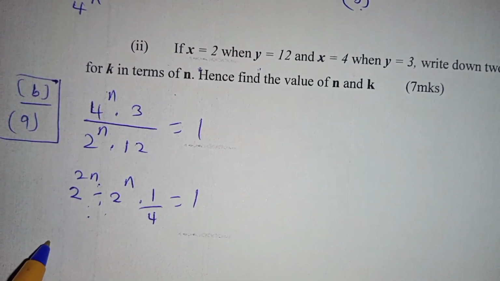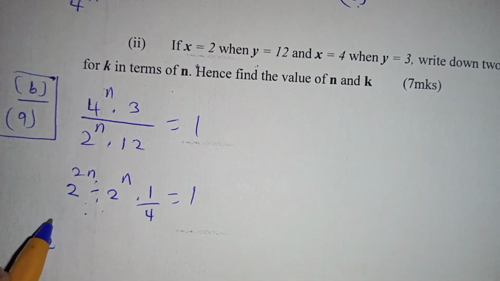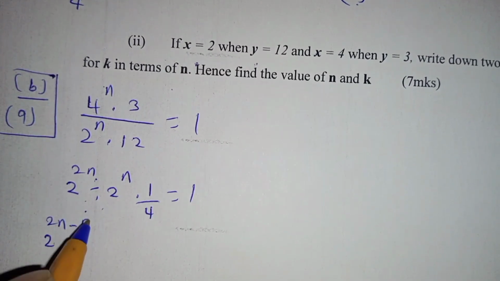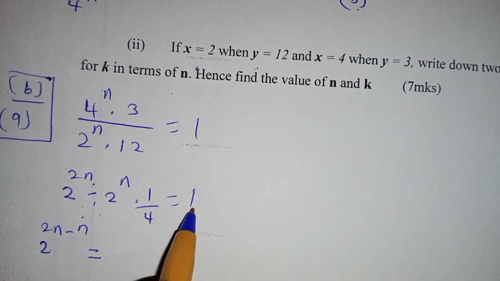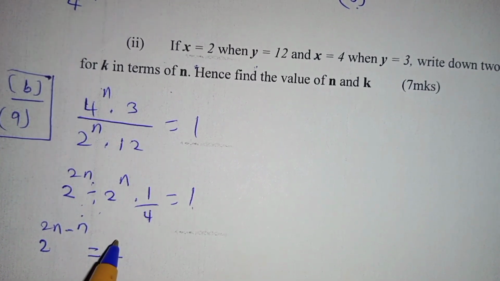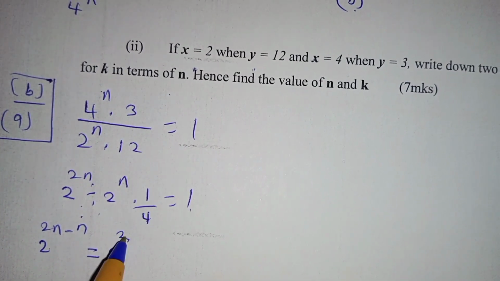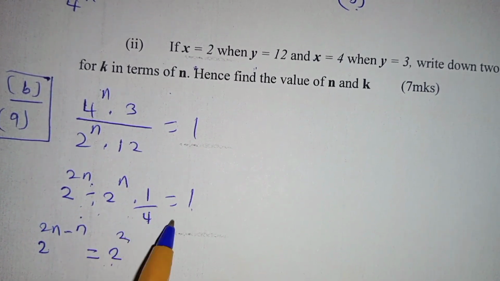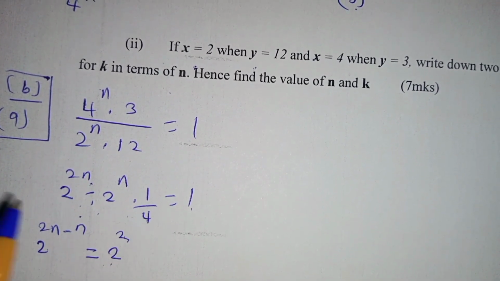Then by laws of indices, we are going to have 2 power 2n minus n, which is equal to, you take 4 the other side and you write it in power form. 2 squared is the same as 4. This 4 here, whereby multiplied by 4 both sides.